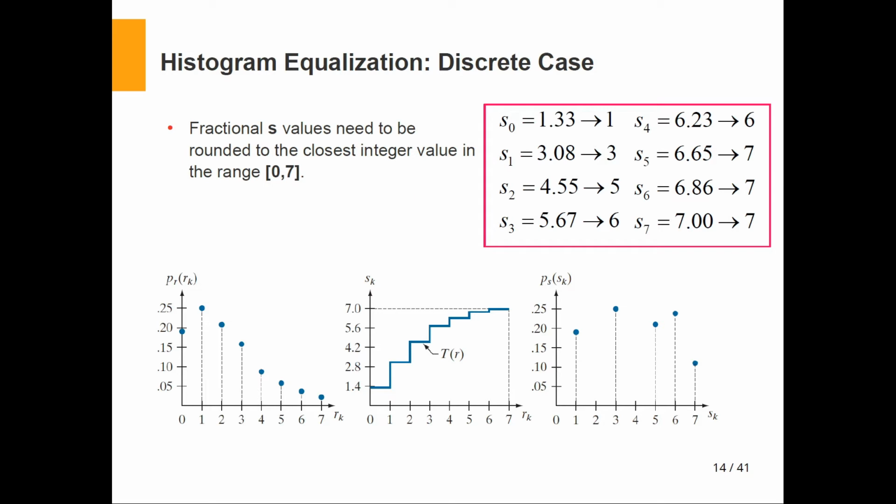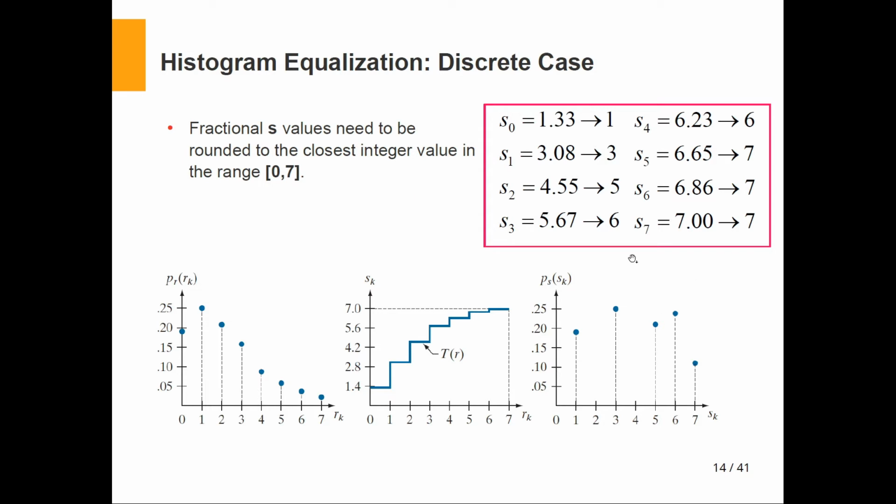On the other hand, when we are working with digital images, that is not the case. We have a limited number of values that we can have for the intensity, and they all must be integers.